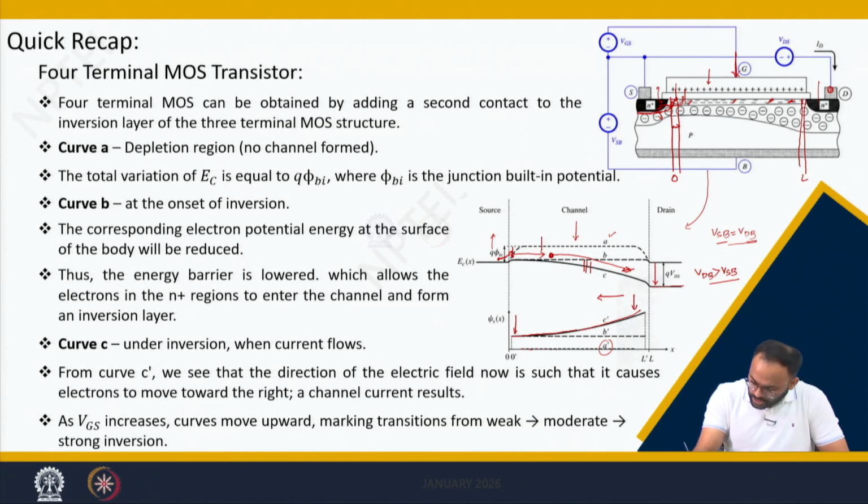For example, this transition happens between 0 to 0 dash and this one between L dash to L. We assume L is so large that we can ignore this, so L dash overlaps L and 0 dash overlaps 0. That is why we plotted the surface potential between 0 to L dash only, but it shows the overall surface potential between 0 to L.